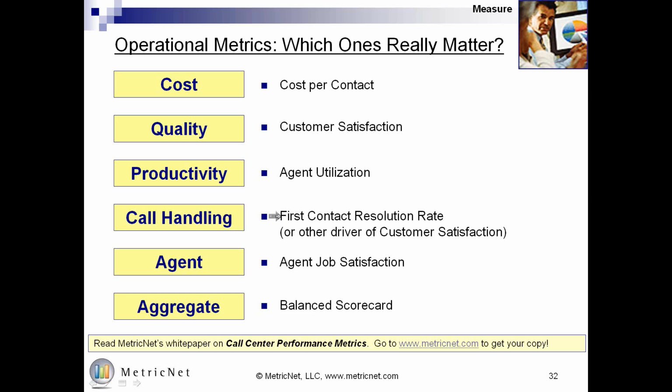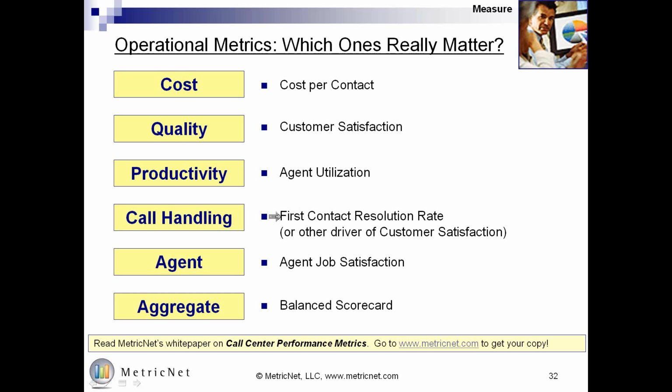Likewise, in an inbound customer service call center, first contact resolution rate is the big driver of customer satisfaction. So if I want to improve customer satisfaction, I focus my time and attention on improving FCR. There's a lot of ways to do that. You can establish an FCR goal. You can have training that is focused on first contact resolution rate. You can have remote diagnostic tools that enable you to improve first contact resolution rate.